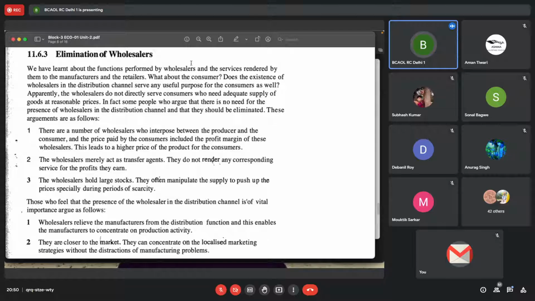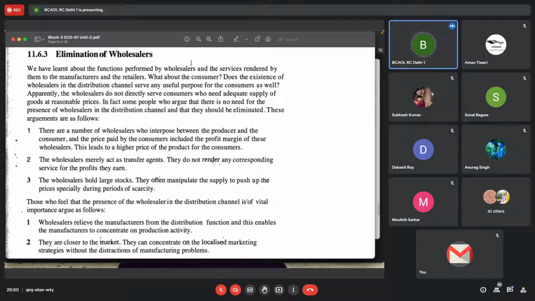Say the cost of the product is 10 rupees. After involving these middlemen, even if you as a producer want to sell the product at 10 rupees, you can't sell it at 10 rupees to the consumer. Why? Because suppose you sell it to the wholesaler for 12 rupees.